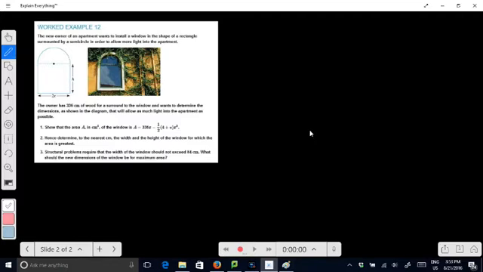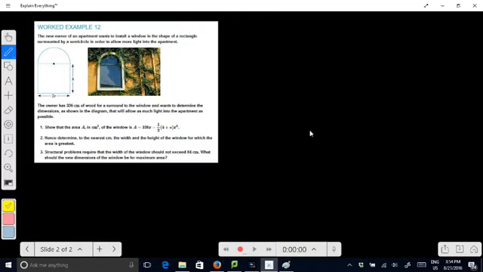The first question asks: show that the area A in centimeters squared of the window is this nice big formula. To start off with, we're looking at area. So we've got the area of the rectangle, and we've got the area of a semicircle.